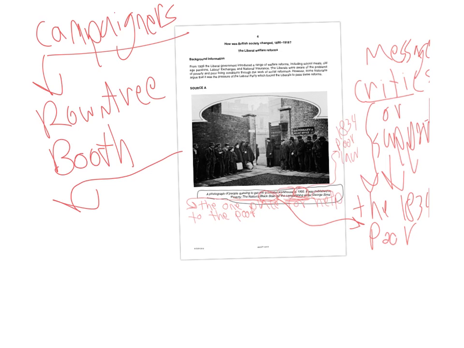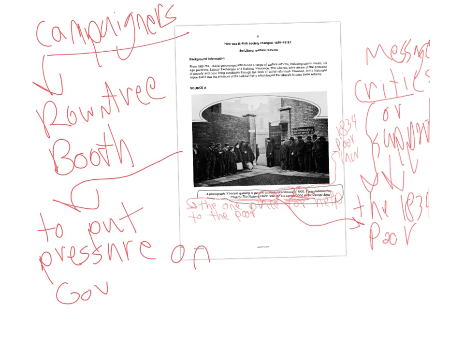You could say that it's to put pressure on government, on society, people in general, to provide more help.